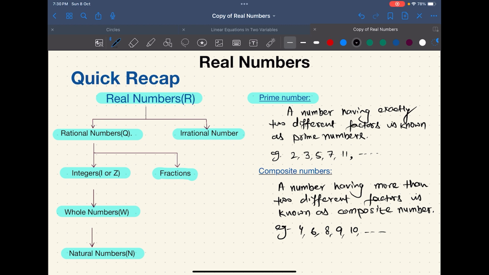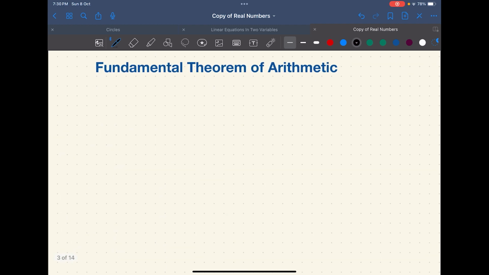Now we'll be moving towards the content which we have to study and based on which questions come in the board exams as well as in other exams in the 10th class. The first subtopic is the fundamental theorem of arithmetic.